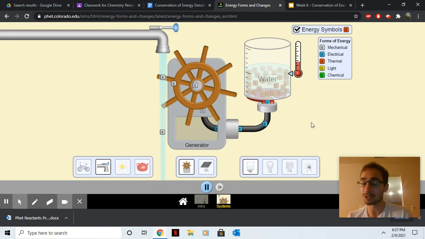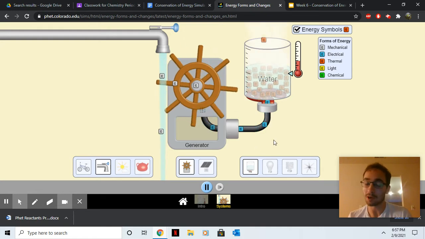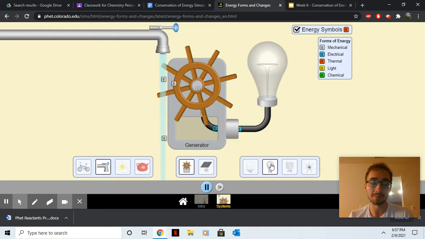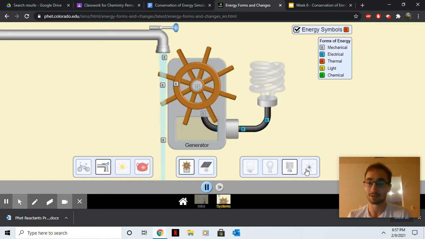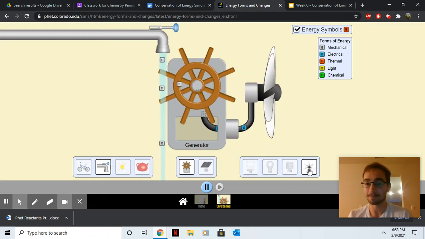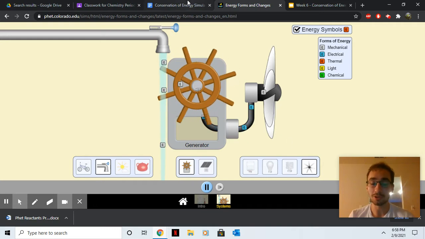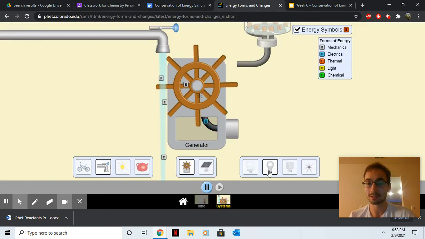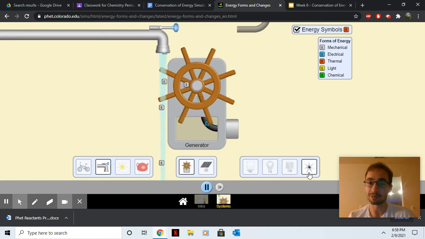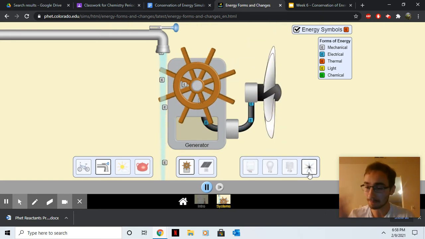But over here, you can change it. Instead of having to go into your water heater, you can have it go to a light bulb or a fluorescent light bulb or a fan. So number 3 is just asking, of these 4 options, which one will the turbine work for? Will it work for all of them or just some of them?